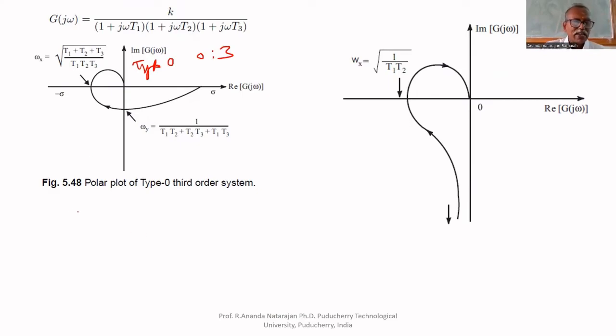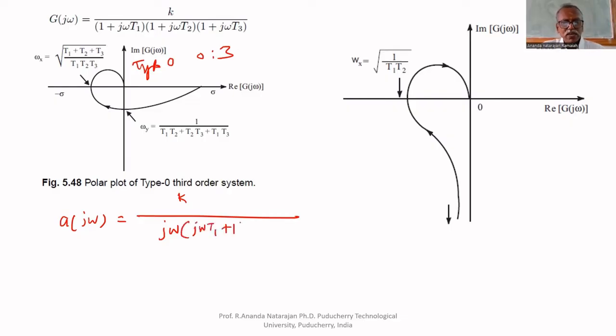So suppose I am having a type 1 system, G of j omega. Hereafter, I won't write in the S domain; directly, I will write in the frequency domain. G of j omega equals K upon j omega, times (j omega tau 1 plus 1), times (j omega tau 2 plus 1).